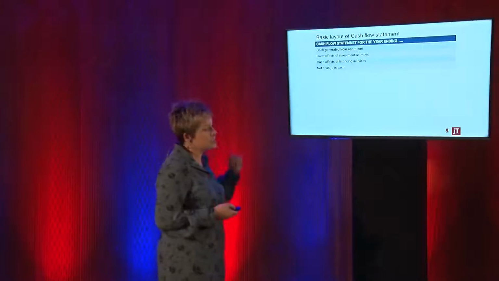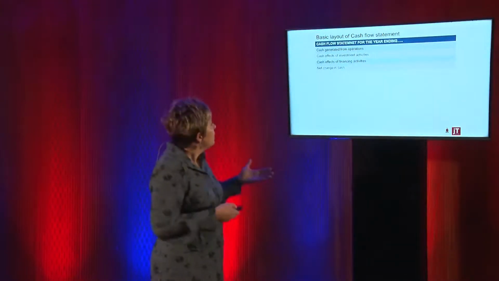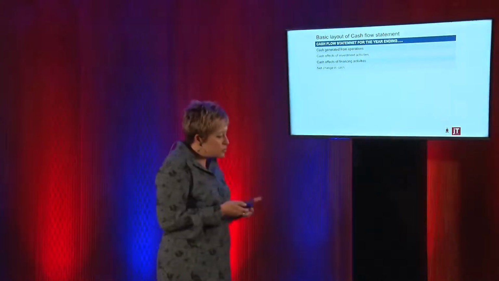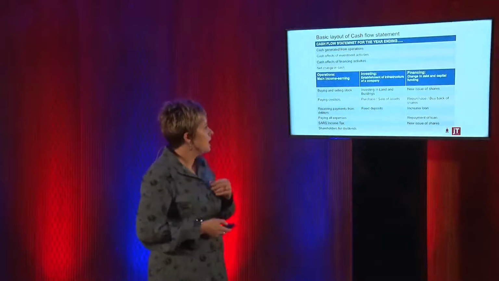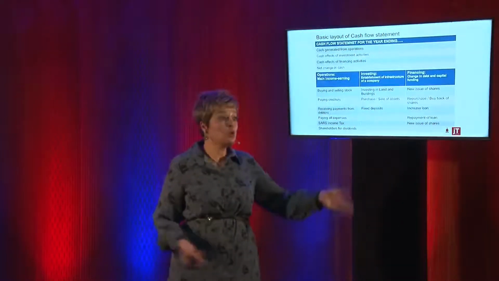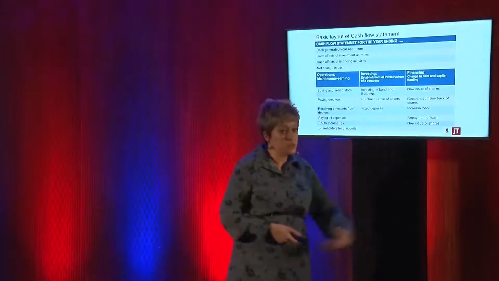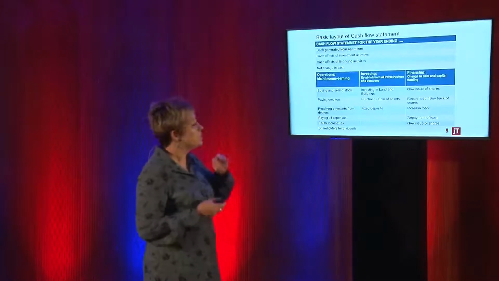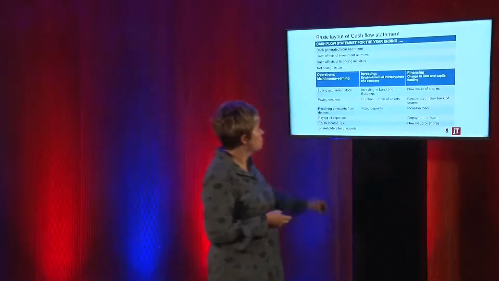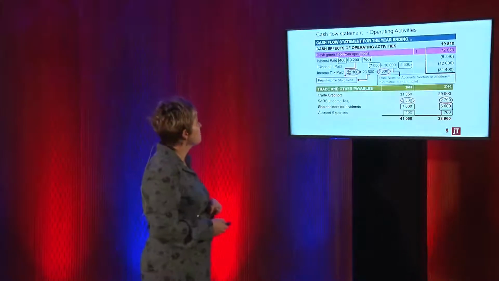Then investing: how do I use my capital to expand my business? And then finally, your financing: where do I get funds to actually buy equipment and things from? So loans and issuing of shares are all financing activities. So know what belongs in operations, what belongs in investing, and what belongs in financing.